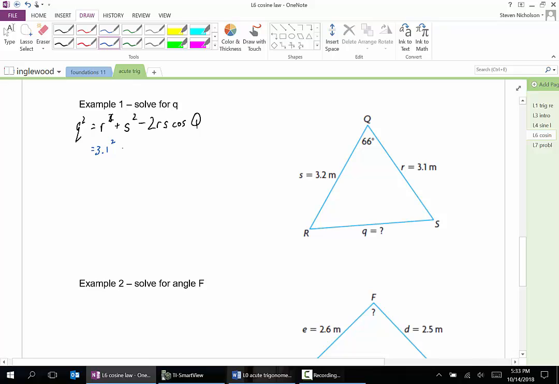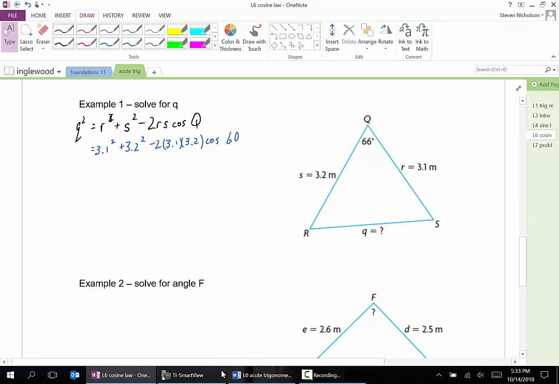Then, plugging the numbers into the formula, I'm going to go ahead and do that. The great thing now is I can simply plug this whole nasty mess on the right-hand side into a calculator.